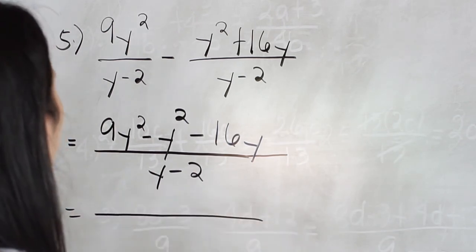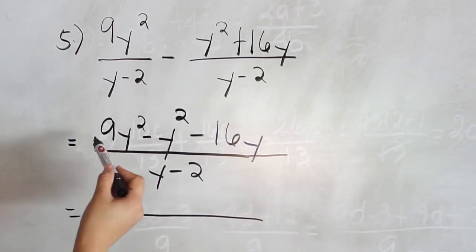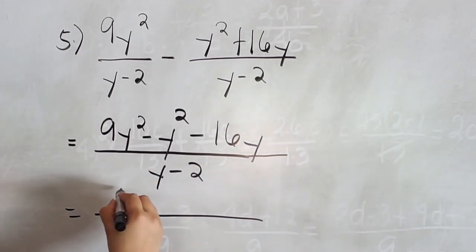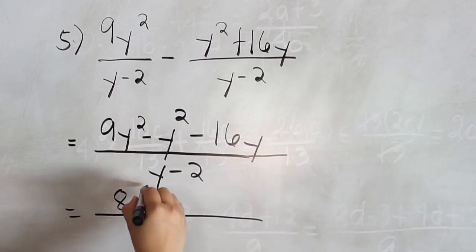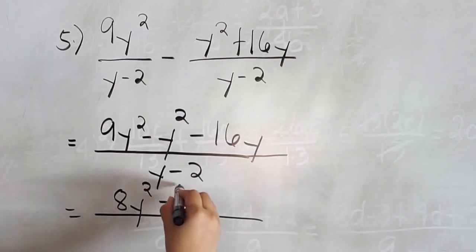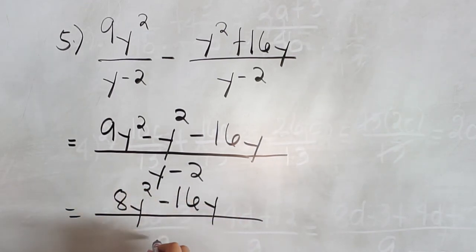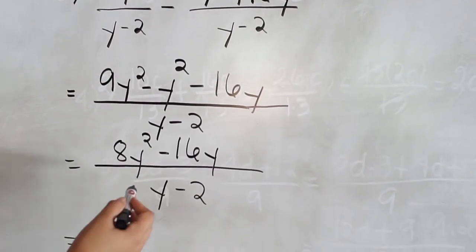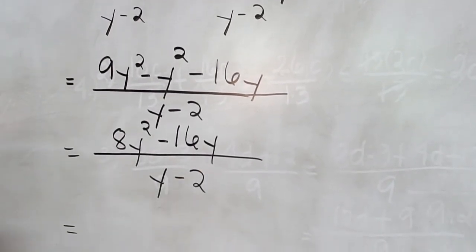Next is to combine like terms. So 9y squared minus y squared is 8y squared minus 16y over y minus 2. Since we can factor 8y squared minus 16y, we will factor it.